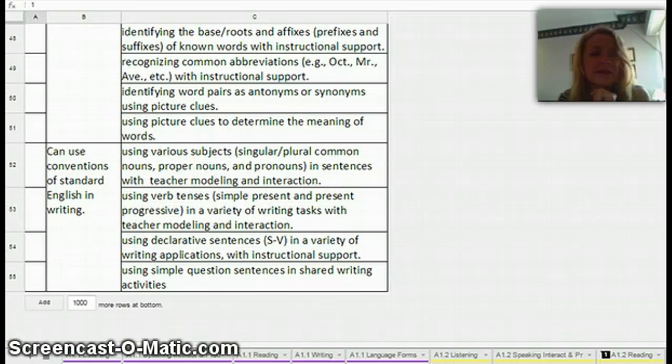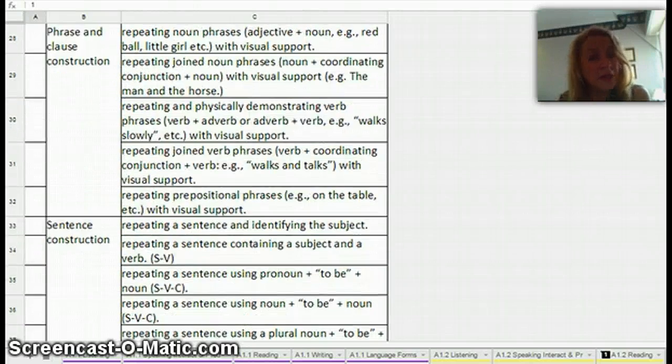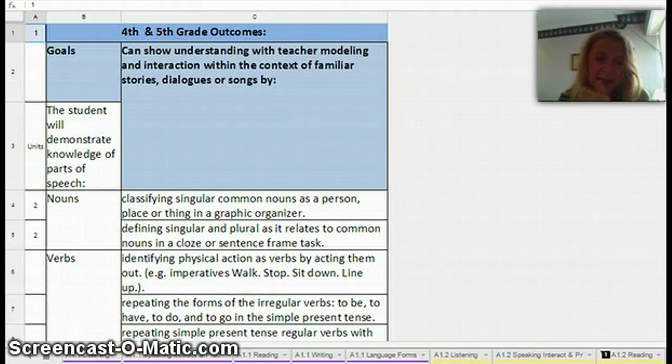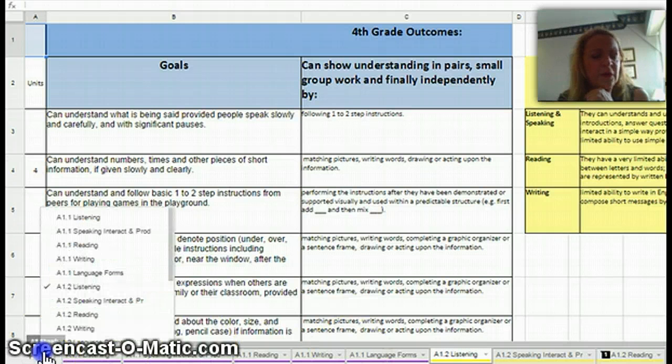And so these are the things that we can see being modeled in the materials that are used and in the way that the teachers emphasize language at those grade levels. In fourth grade, then, all of those are in the yellow tabs for the various skills.